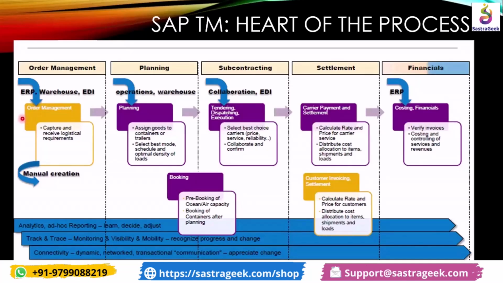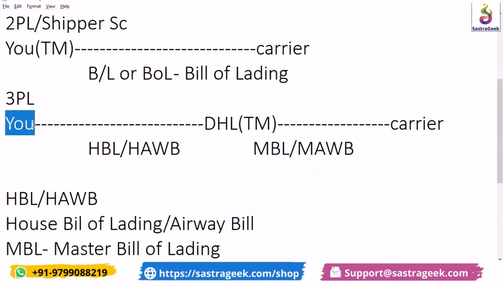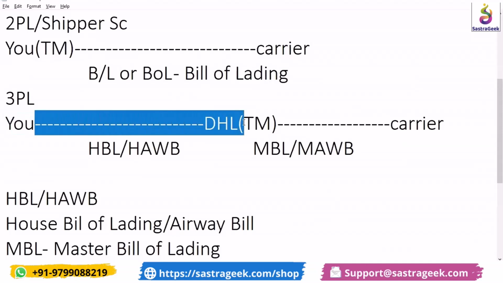So definitely you would be having some EDI integration or some sort of ERP integration with your TM system, with some XYZ source system from where it is coming in. Maybe if this is a manufacturer, it is sending out some order to DHL's TM system.